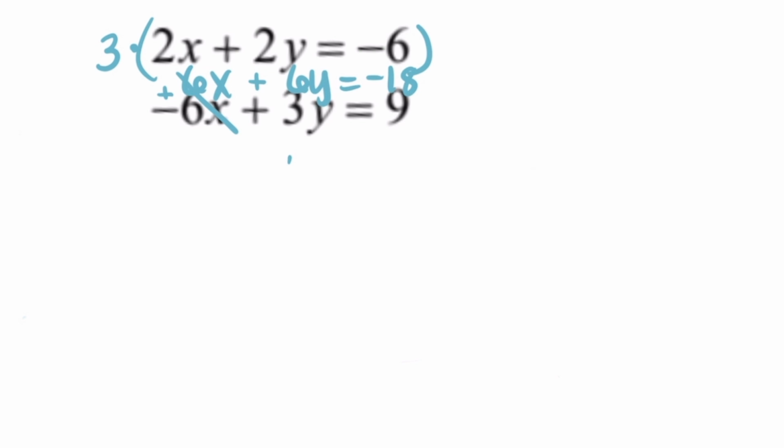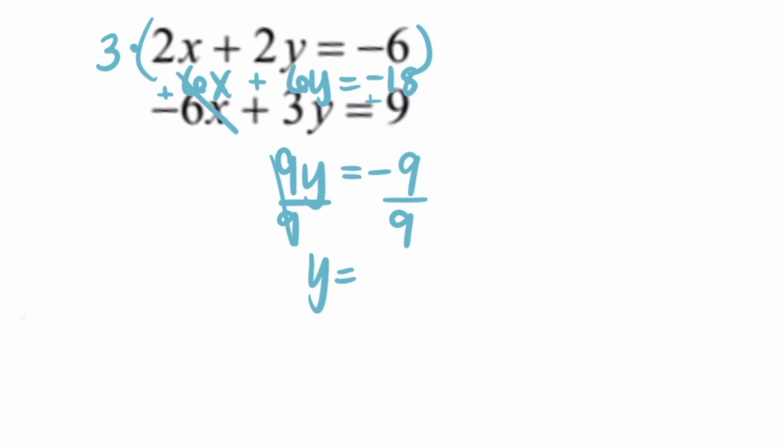All right, so you can always multiply one of these by a number, but you have to multiply everything by it to then make the elimination method work. All right, so notice when I did that, I was left with 9y equals -9, which then to solve for y, we just divide both sides by 9 to get that y is -1.